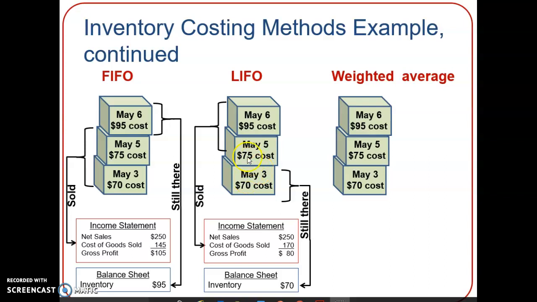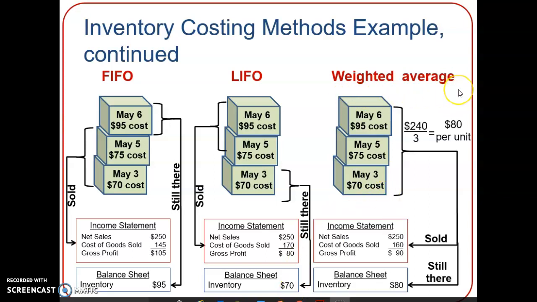The LIFO says last in, first out. Which ones are the last in? This one is the very last, on May the 6th. This one is the second last one, and we need 2. So those 2 become the cost of goods sold. And under the LIFO system, the oldest one, or the first one, will stay on the balance sheet as the ending inventory.